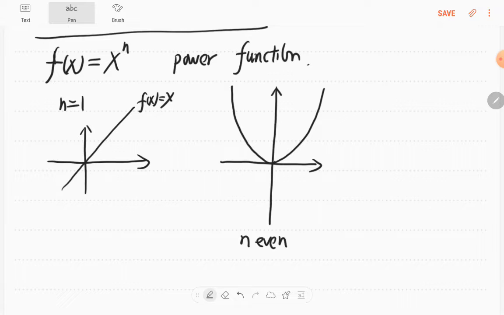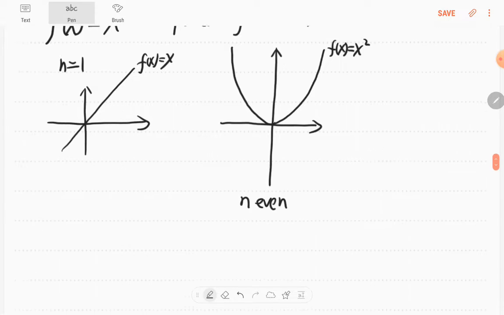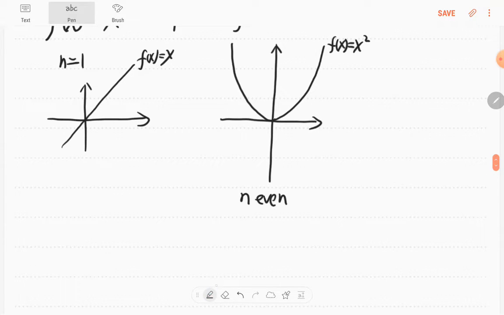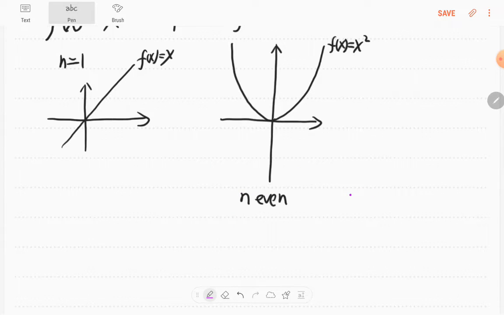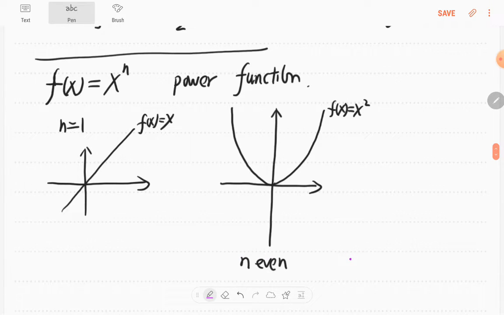Okay. And this is f of x equals x squared. If n equals 4, the graph will look like this one.